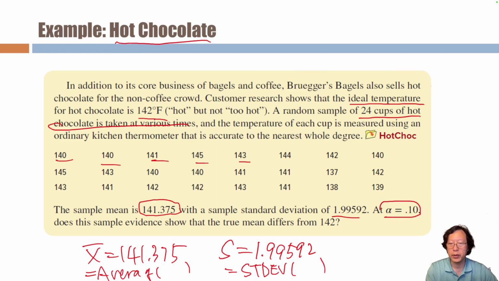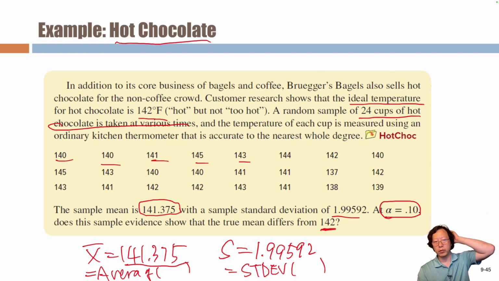Now, the confidence level is 90%, so alpha is 10%. Does this sample evidence show the true mean differs from 142? It's slightly smaller, but the question is whether it is different.